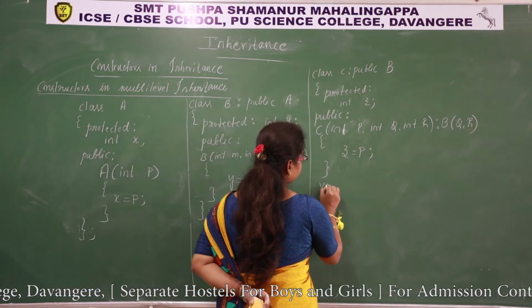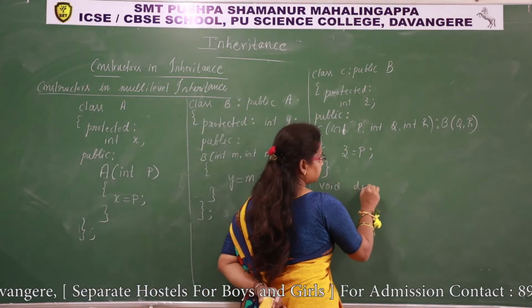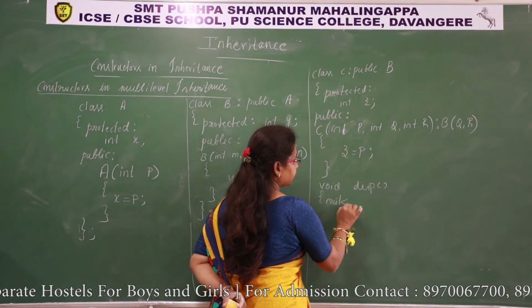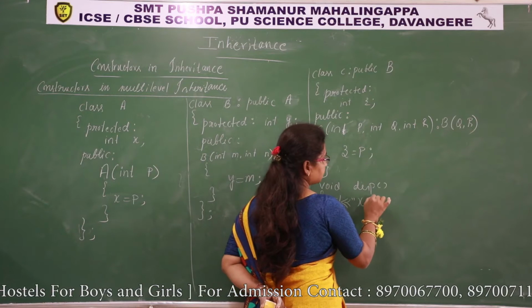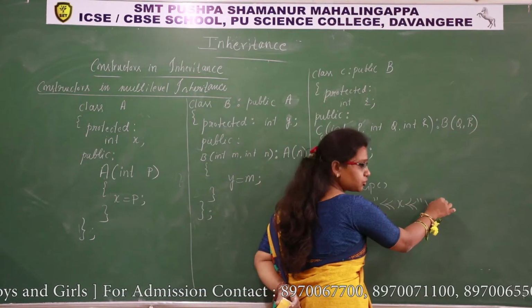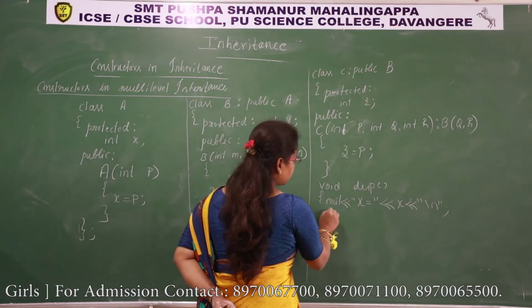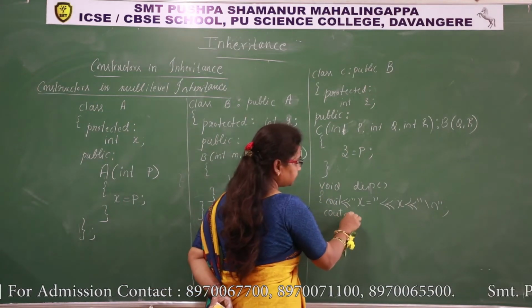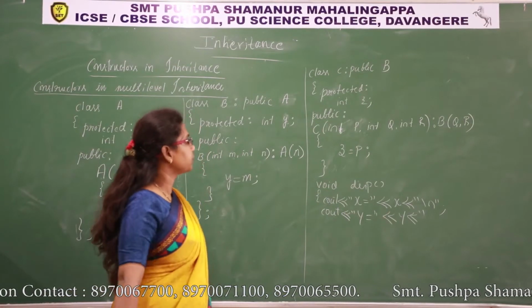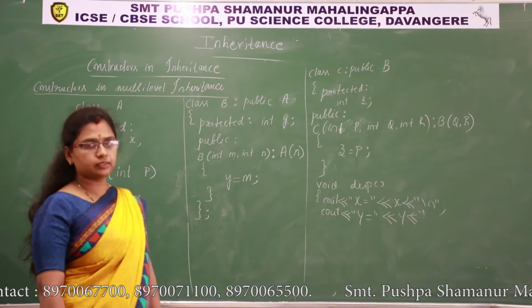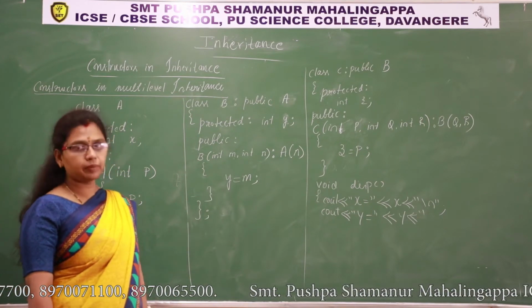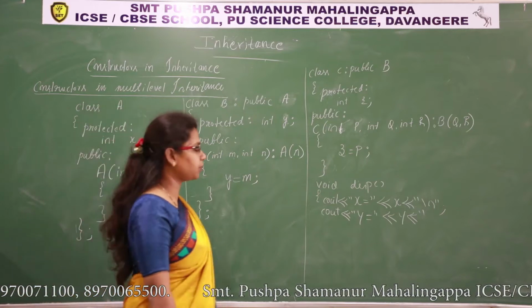Now I display, void display. cout insertion x is equal to x, backslash n, y is equal to y. Class C, its responsibility is to initialize its data member and also its parent class data members.